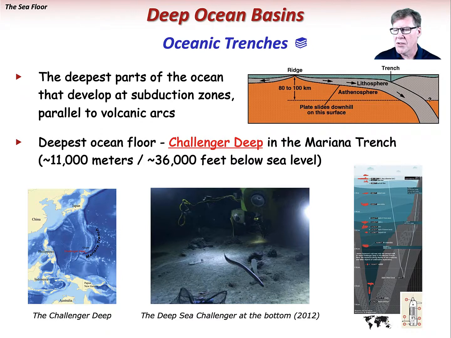This is the Deep Sea Challenger in 2012 at the bottom of its 2.5-hour descent. First visited in 1960, only 13 people have done the dive to the bottom in the following 60 years.